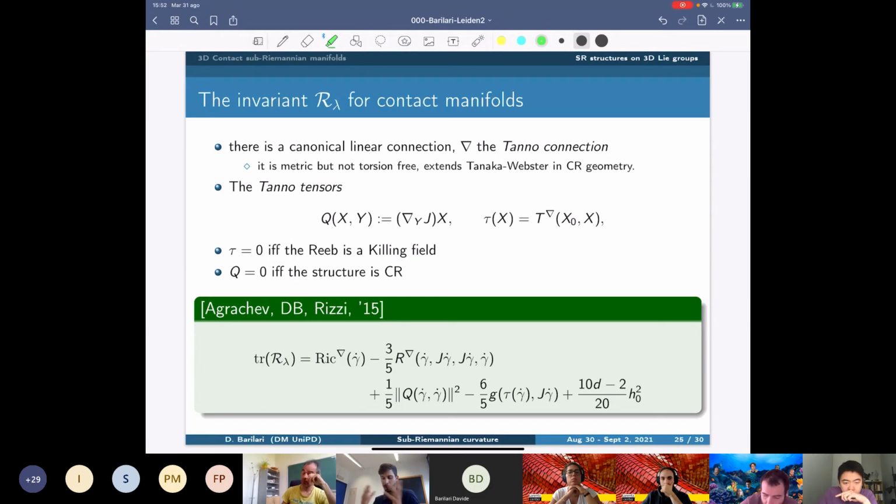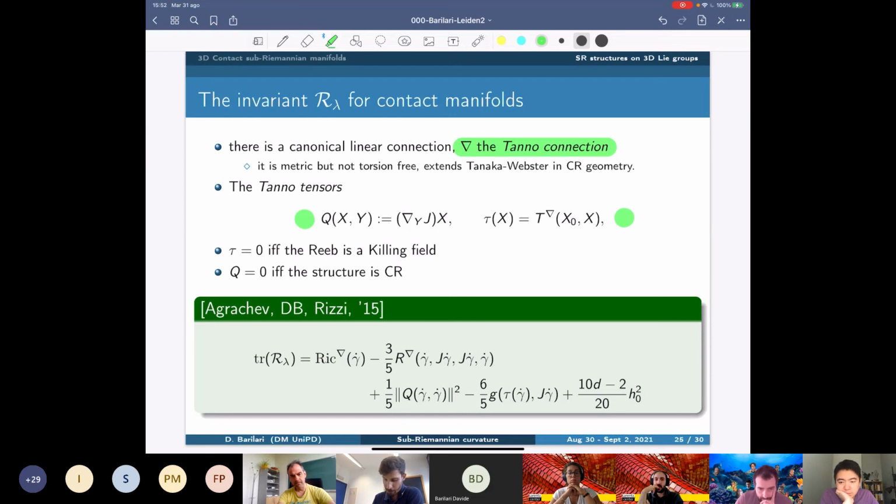Of course, that quantity is well defined, but one may want to compare it with other quantities that are known in contact geometry, or Riemannian quantities. So if you use the Tanno connection, which is the connection satisfying the properties I've listed before, then to describe the contact structure, you can introduce two tensors, the Tanno tensor Q, which is a derivative of the J map, and the map tau, which is exactly the one we have used before.